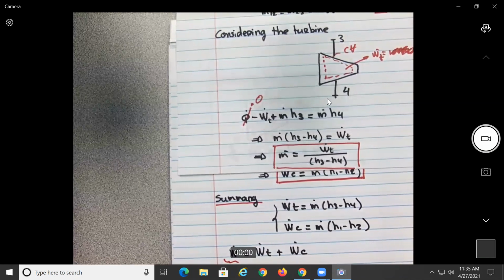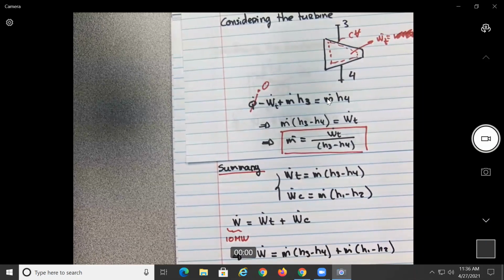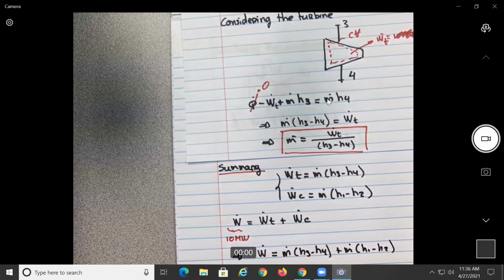Okay, so we can rewrite it as saying that the total power would be equal to m dot H3 minus H4 plus m dot H1 minus H2, which will give us at the end that m dot will be equal to the power divided by H3 minus H4 plus H1 minus H2.